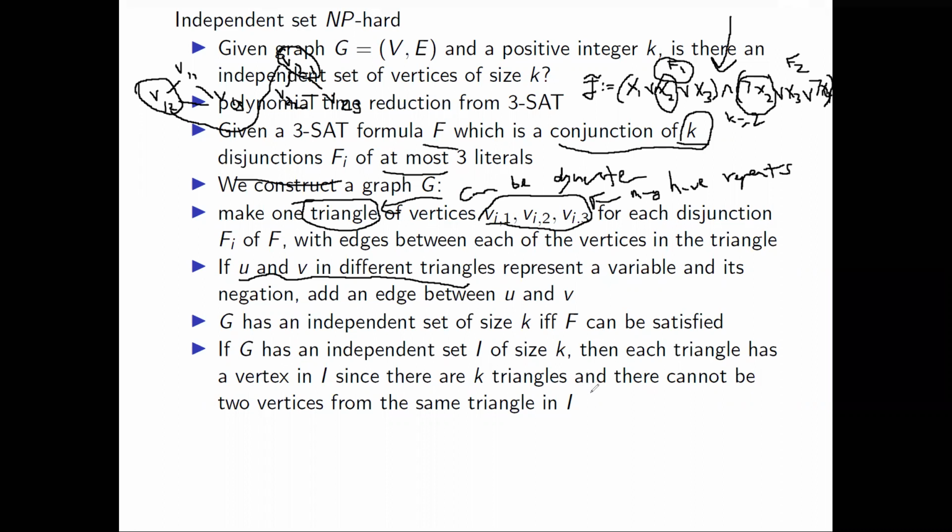So if two vertices from the same triangle were in the independent set, that would give us a contradiction, because independent sets cannot have vertices with edges between them. So since our independent set has size K, we know that every single triangle has to have a vertex in the independent set, because there can't be any triangle which has multiple vertices in the independent set, and there's only K triangles. So every triangle has some vertex in the independent set.